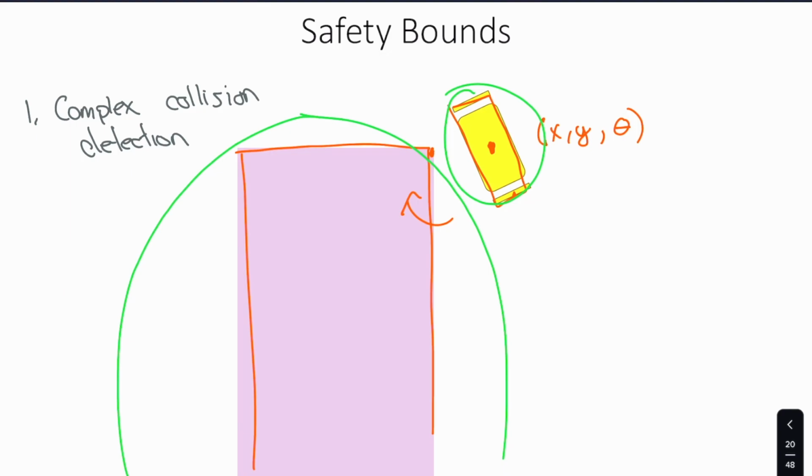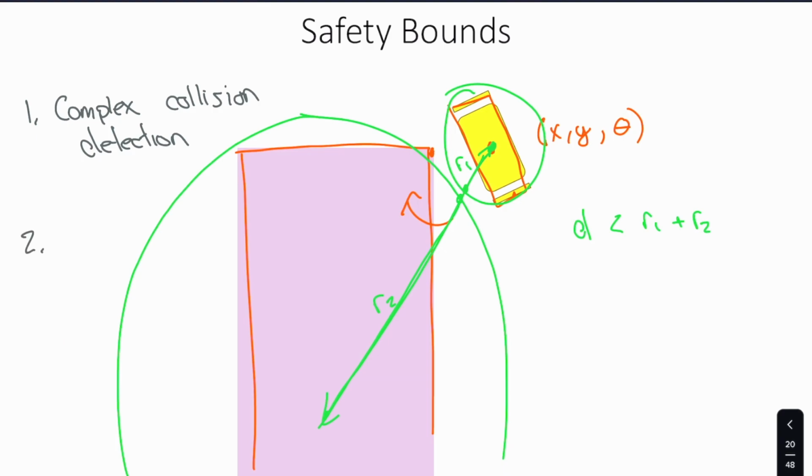That's really just taking the Euclidean distance between the centers of the spheres, so this distance here, and then also considering the radii of the two spheres, R1 and R2. If that distance is less than R1 plus R2, then you have a collision. So we could do something really simple like that.